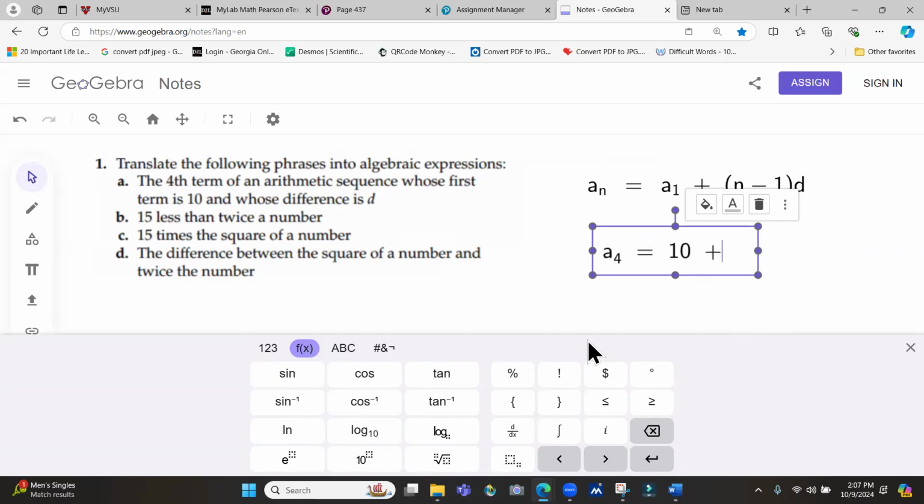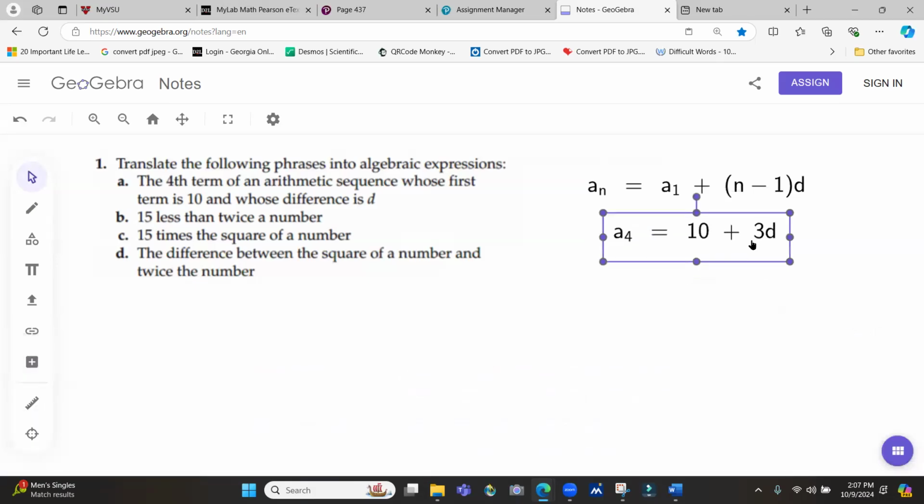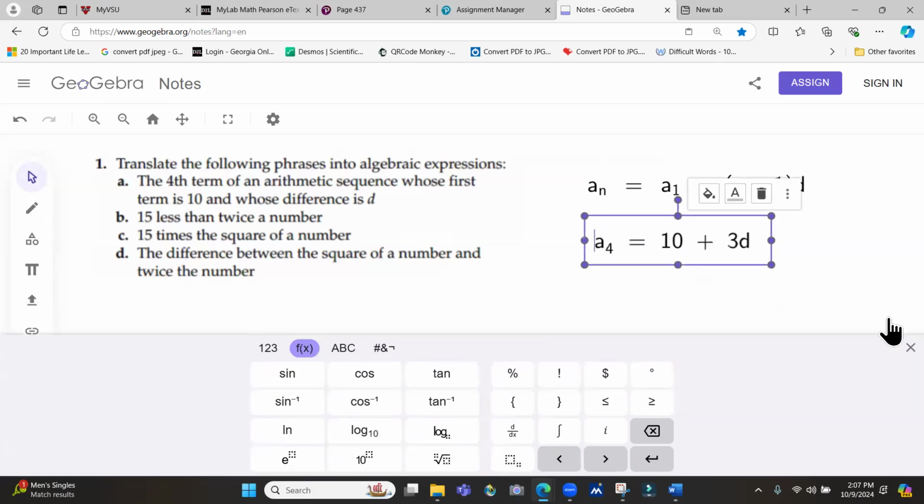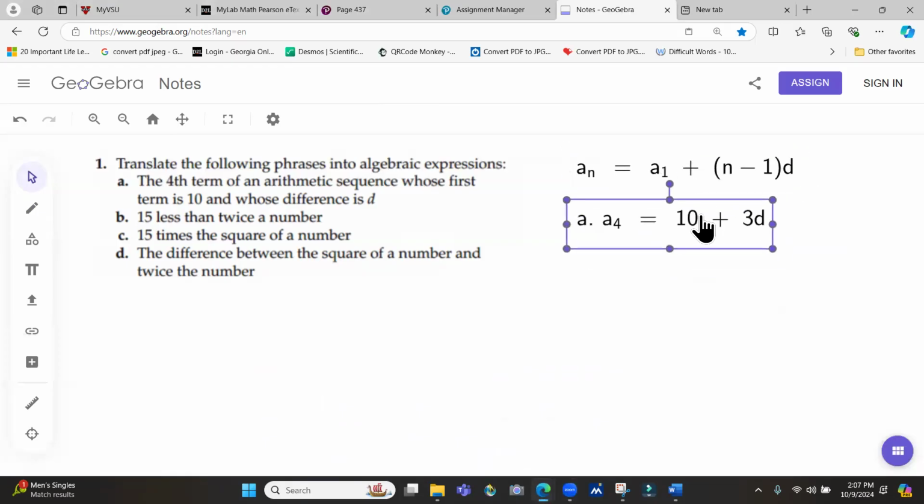And n minus 1 is going to be, n is 4, I'm just going to write 3. Because 4 minus 1 is 3. And D is D because it's given. Done. This is your part A. I'm going to write A period. And I'm pretty sure we are being recorded. Okay. That's my part A. Nothing too fancy.